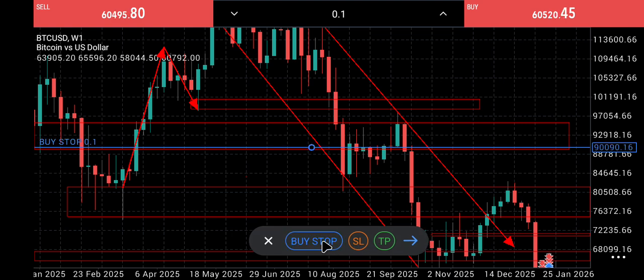Here, yes, buy stop. These are called your pending orders, guys. We normally call them pending orders. A buy stop limit is a pending order. Sell limit is a pending order. Buy stop is a pending order.